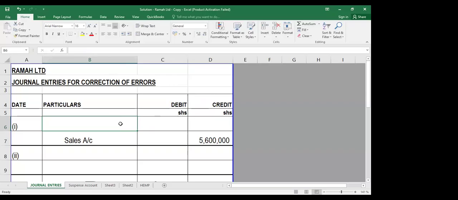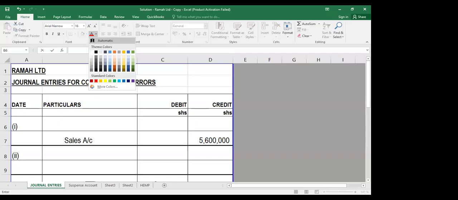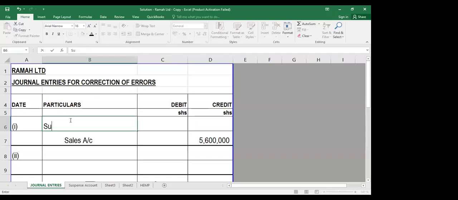Then, since it affects the trial balance, we shall have a suspense account here. We shall debit it with 5.6 because we don't know yet where this is going and we need to determine that. So suspense account, sales account. That is our first entry because it affects our trial balance.